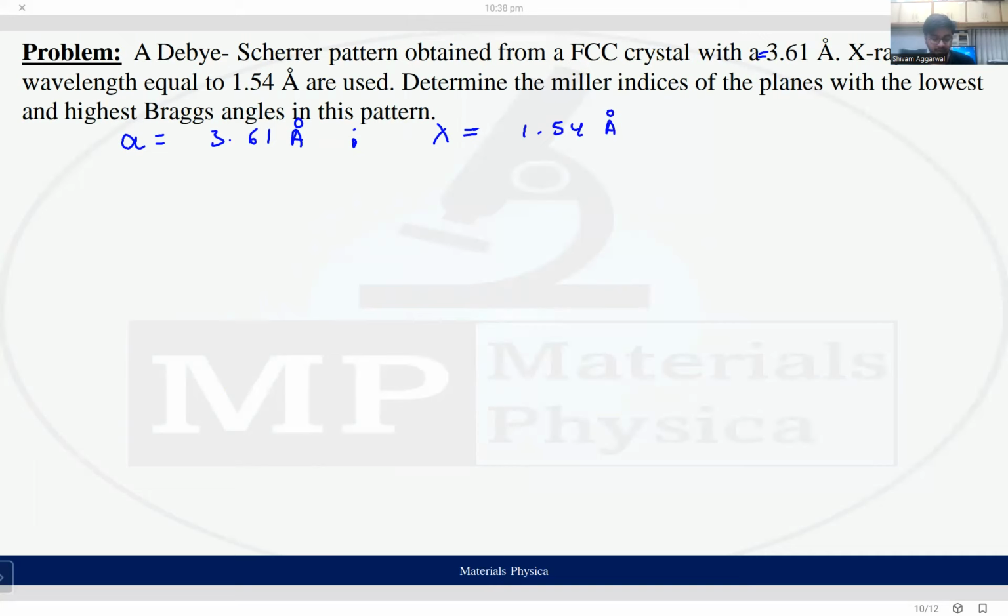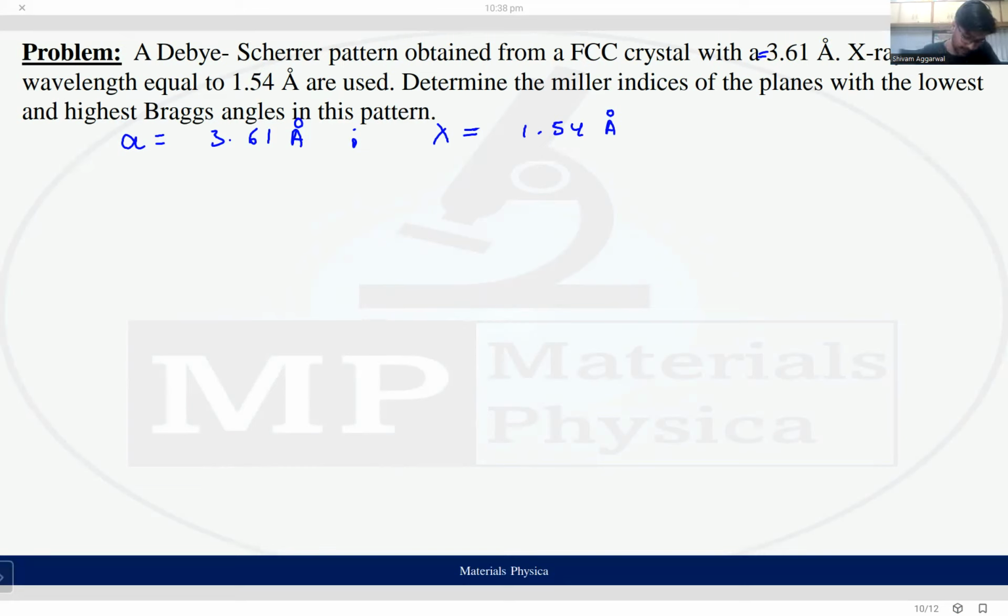Determine the Miller indices of the plane with the lowest and the highest Bragg's angle in this pattern. So I have to calculate the lowest angle at which Bragg's reflection will occur, and the highest Bragg angle which would occur under this condition.